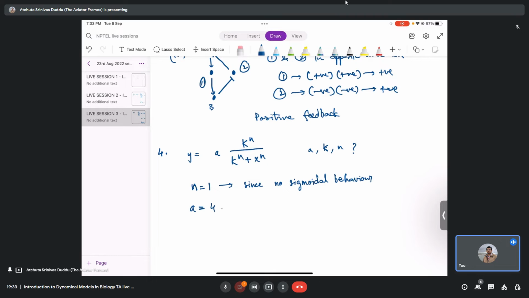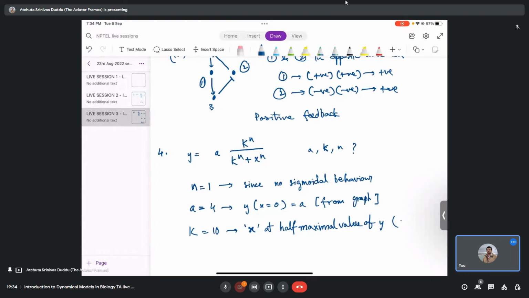A equal to 4, substituting y of x equal to 0 equal to a from the graph, then k equal to 10, that is to say x at half maximal value of y.